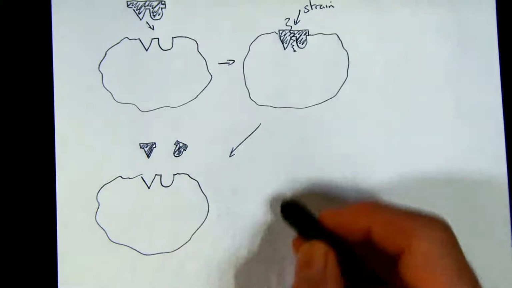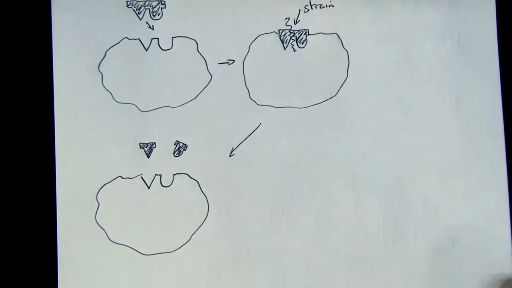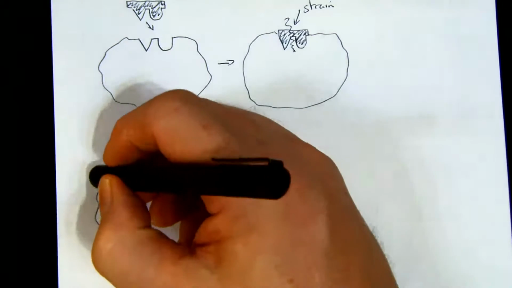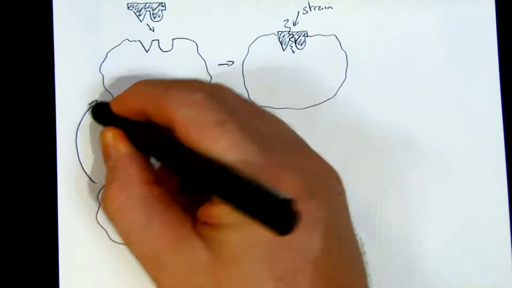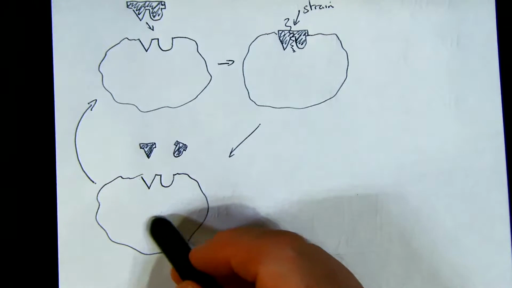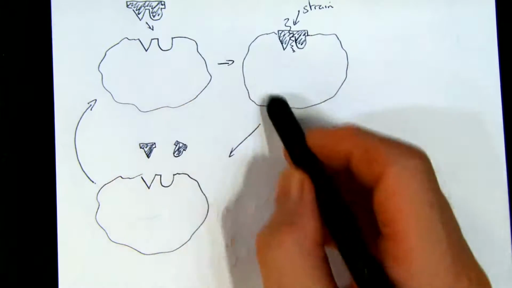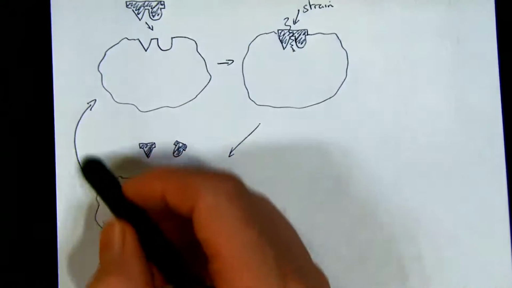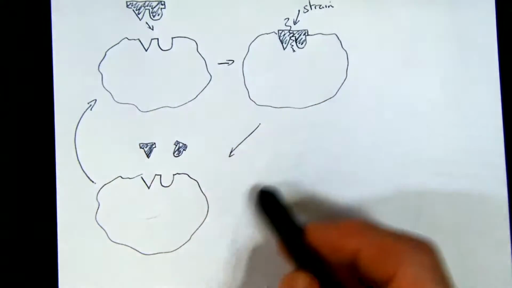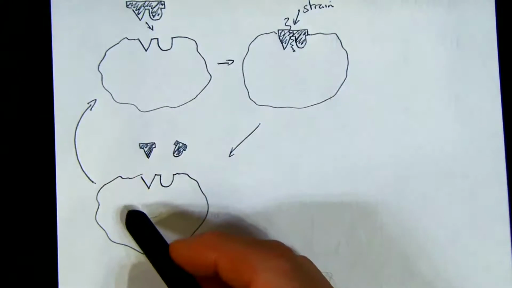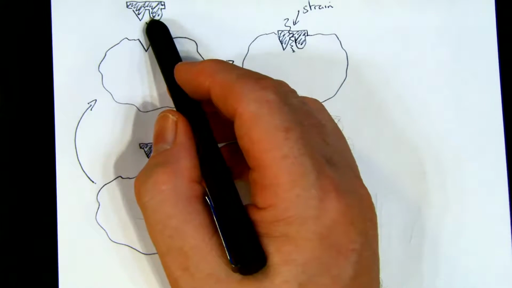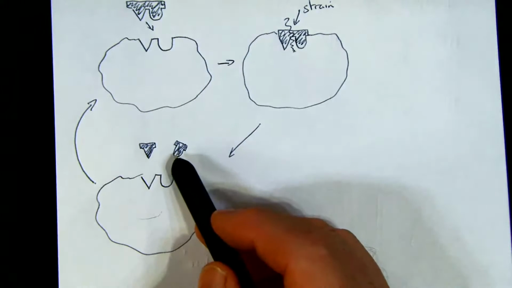So this is the lock and key model to try and explain how enzymes work. And now that enzyme can be released to bind again. And we can keep using this enzyme over and over again, breaking down this molecule into its constituent parts.